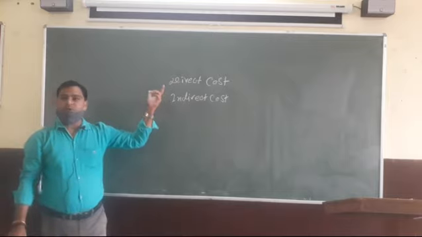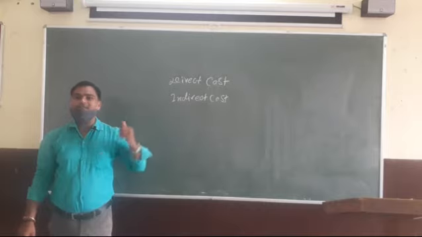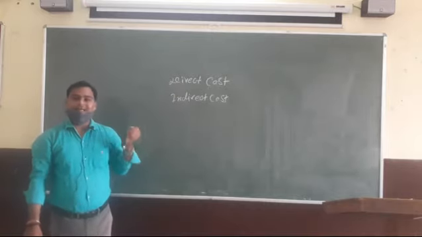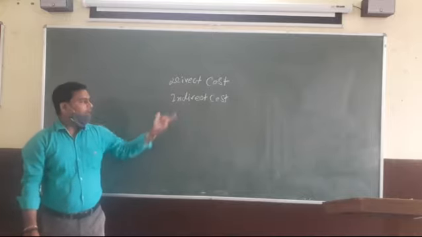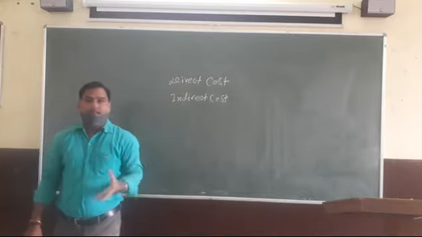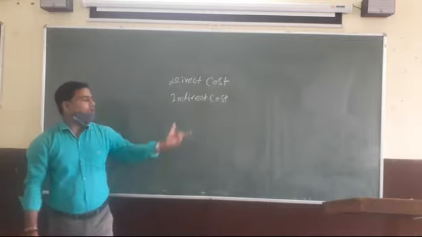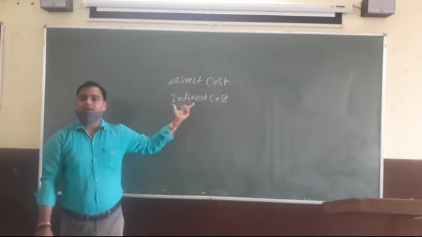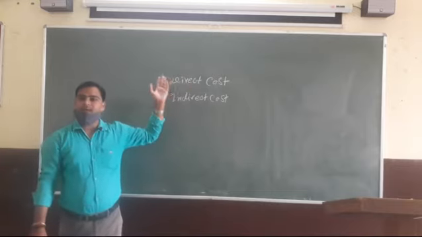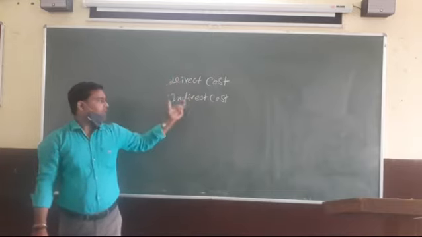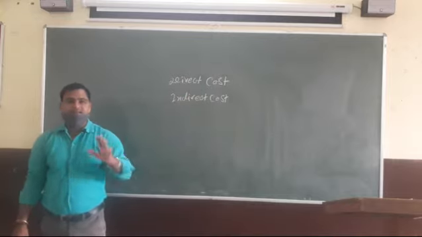Direct costs are the sum total of direct material, direct labor and direct expenses. The cost which is directly included at the time of production of goods is known as direct cost. Indirect cost is the sum total of indirect material, indirect labor and indirect expenses which are not included at the time of production. Okay? This is the sum total of direct material, direct labor and direct expenses. This is the sum total of indirect material, indirect labor and indirect expenses.